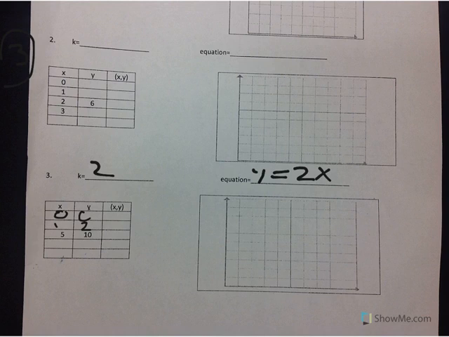So after 5, I'm probably going to use 6 and then 7. So I know that 6 times 2 is 12, and my ordered pair is 6, 12. And I know 7 times 2 is 14, so my ordered pair is 7, 14. Like I said, I'm not going to be able to graph everything here because my table is only so big.